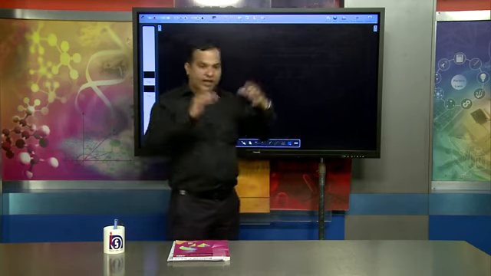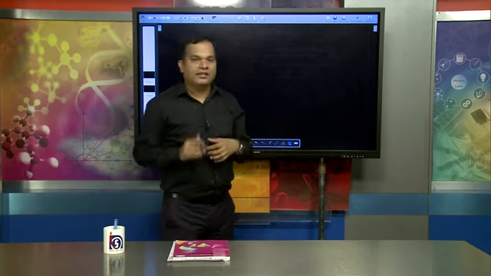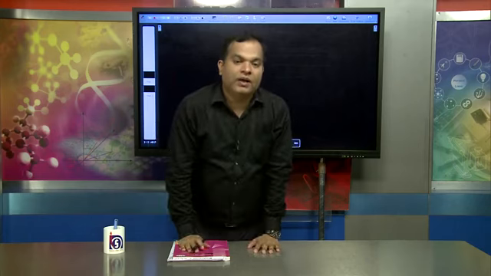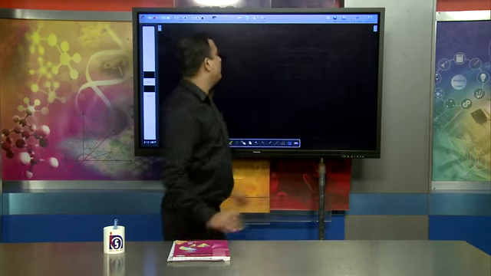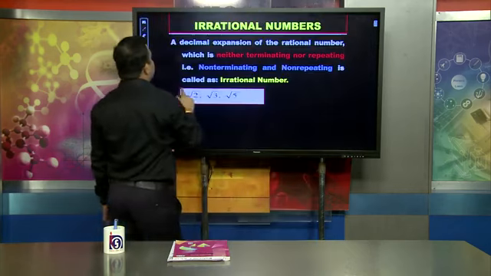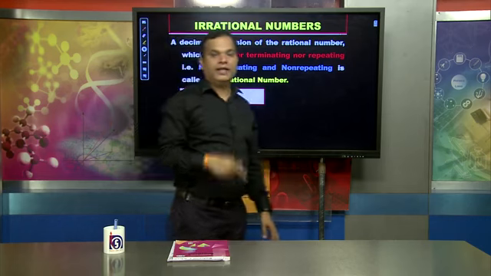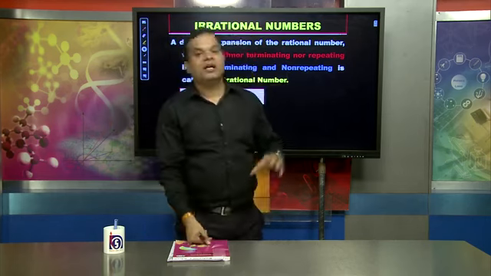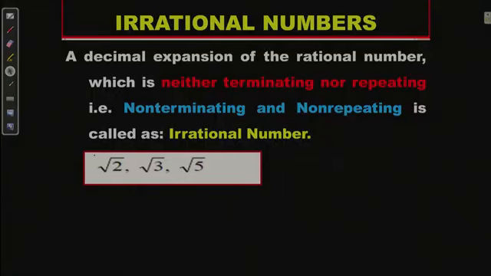For example, 2.7693, these are known as another kind of number, that is the irrational number. That part will be discussed. That is a very important thing we call the irrational number. Irrational number means those whose decimal expansion is non-terminating and non-repeating.